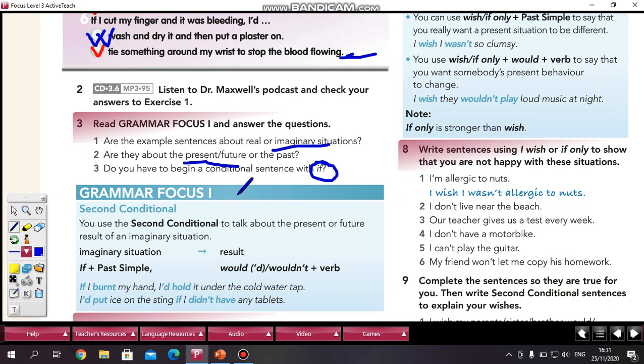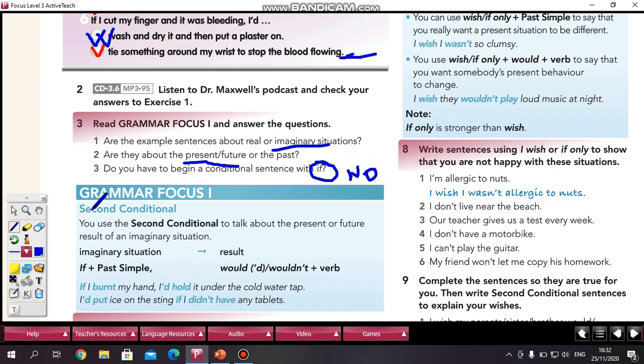I told you about the order of the sentences, that you can change it. There are some options where there is no need to use if. Sometimes we can use something else, for example when, or some inversion, or unless. So, do you have to begin with if? No, you don't have to. There are more options.